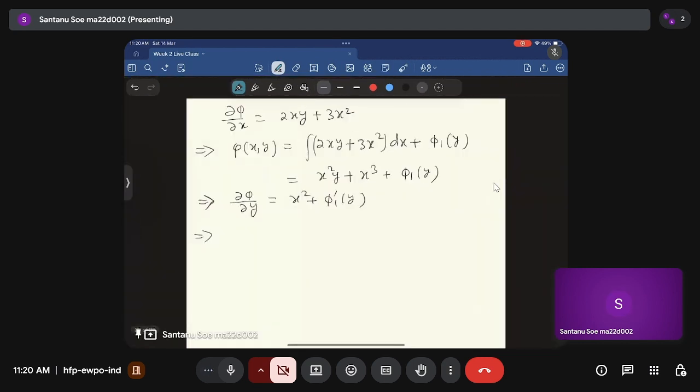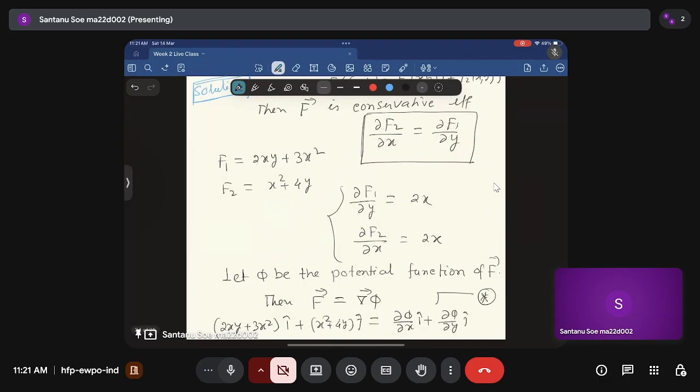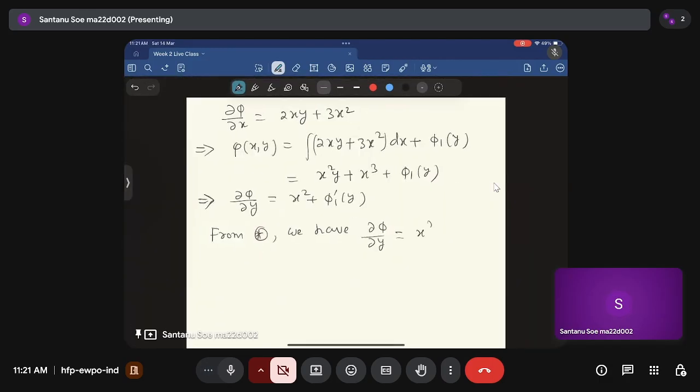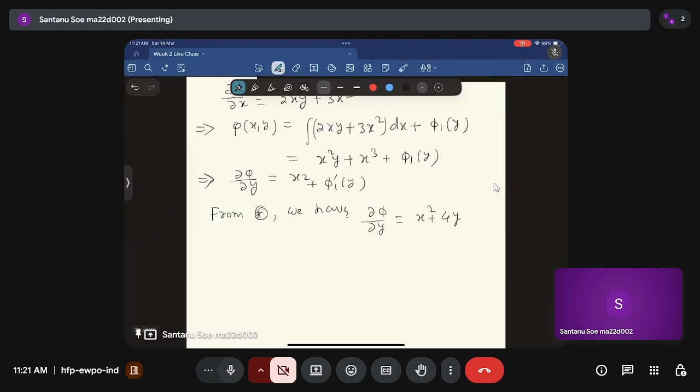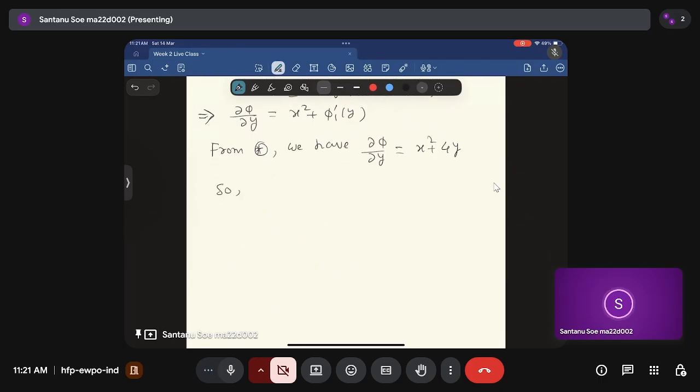From star we have del phi by del y equals x square plus 4y, correct? So we have phi 1 prime of y equals 4y, correct? Or in other words, phi 1 of y is 2y square plus some constant c.